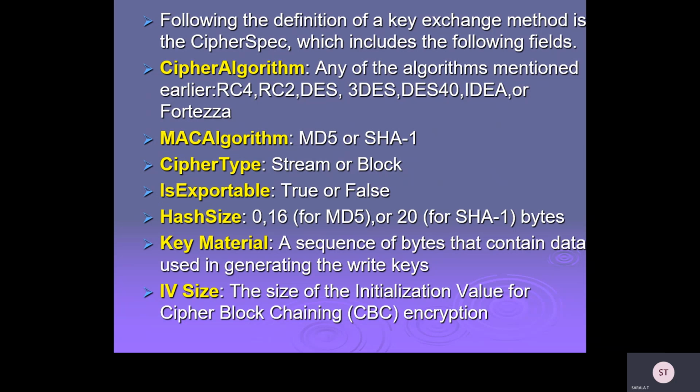Hash size is 0 or 16 for MD5, or 20 for SHA-1, in bytes. Key material is a sequence of bytes that contain the data used in generating the write keys. IV size, that is initialization vector size, is the size of the initialization value for cipher block chaining encryption.